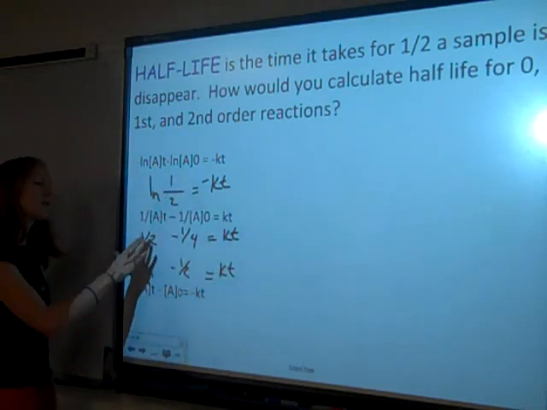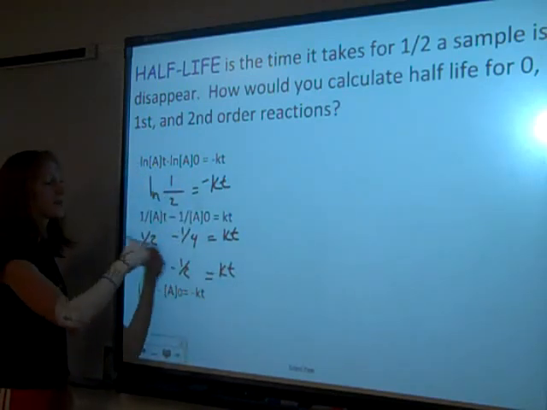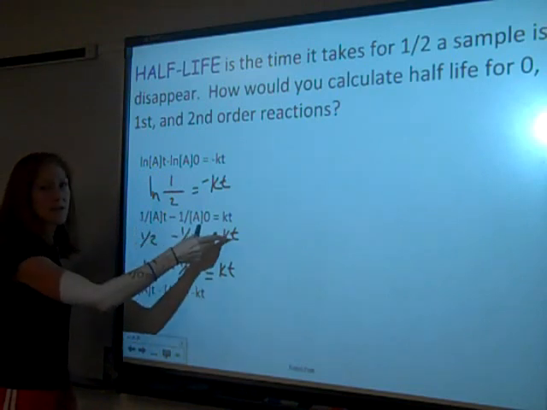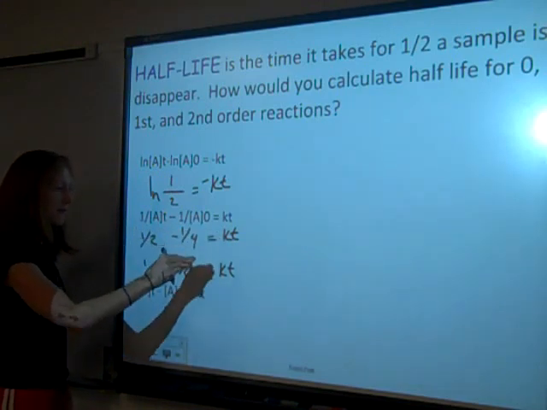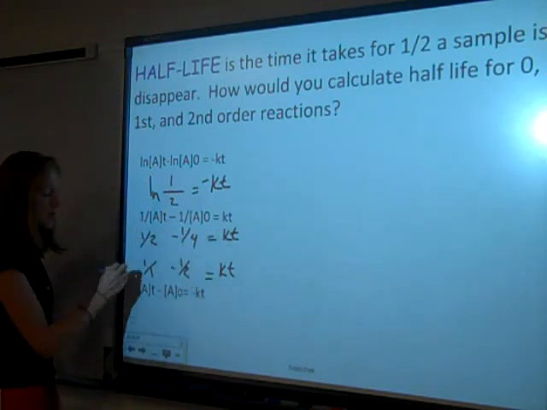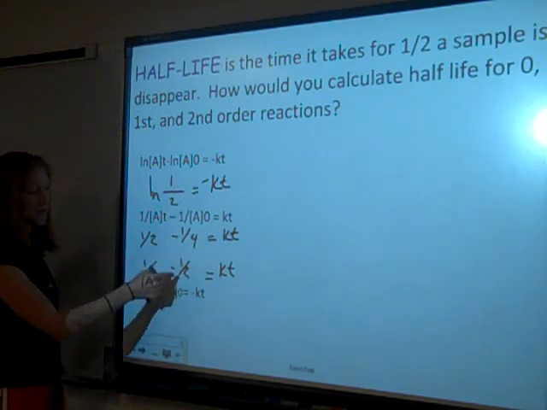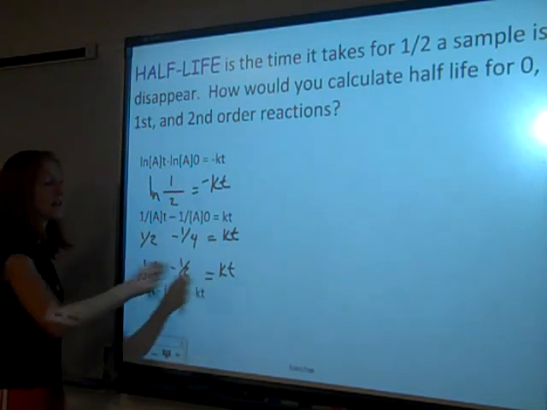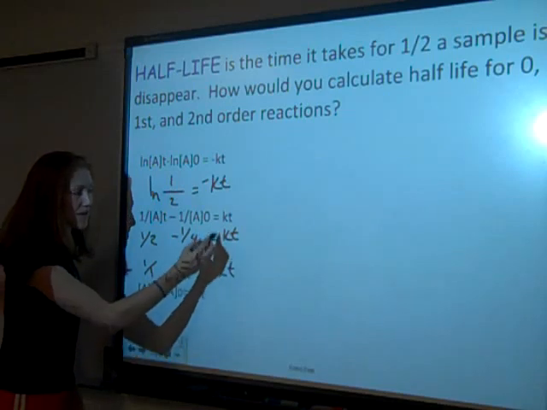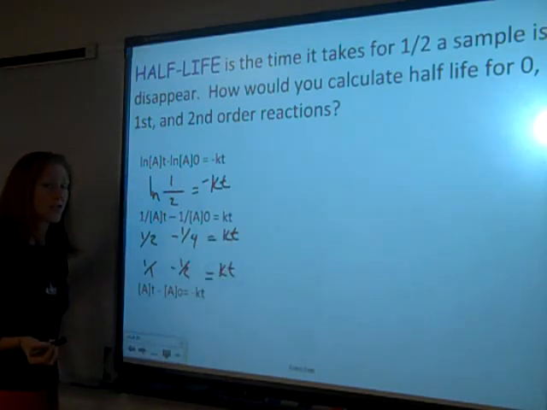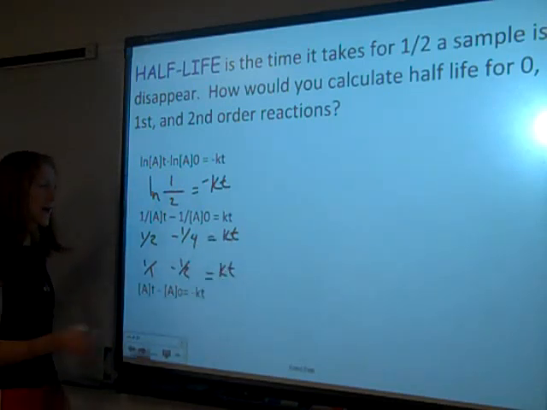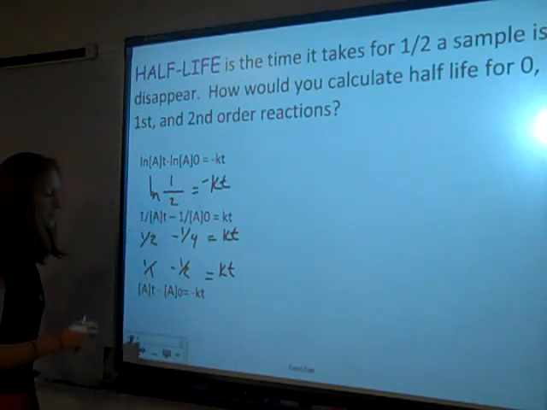In this case, 1/2 minus 1/4 is a quarter, so I have a quarter equals kt for that first half-life when I would solve for the time. And the second one, I have 1 minus 1/2, which is 1/2, equals kt. So I can see that since this k is constant, the time is going to change. So it's a different length of time for the half-life when it's a second order.